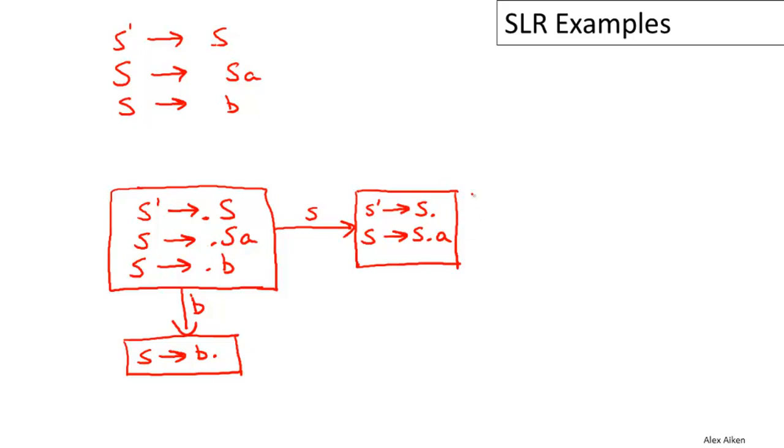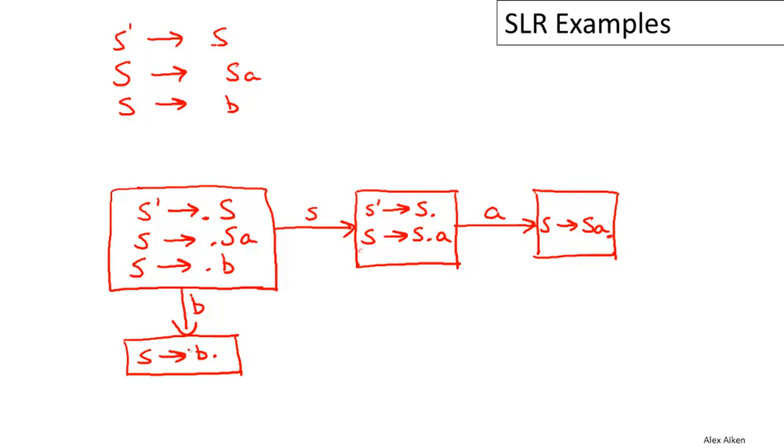In the state over here on the right side, one of these items is complete, with the dot all the way at the right, but the other item still has an A. And so there could be one more transition out of this state to the item S goes to SA dot. All right? And now if we look at this, we see that for the most part, these states are in pretty good shape.